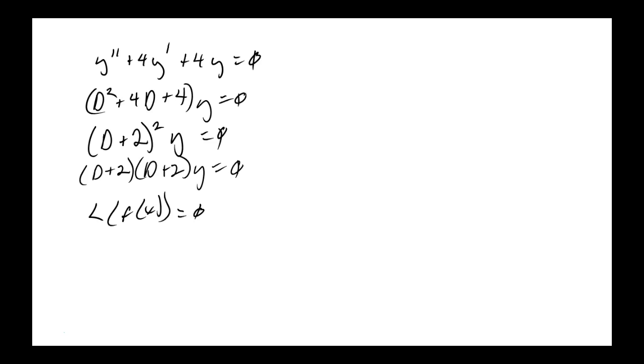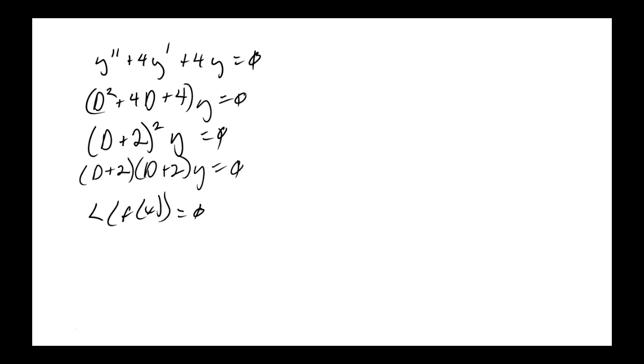Okay? For example, a constant function y is equal to k is annihilated by D, since D of k is equal to 0. The function y is equal to x is annihilated by the differential operator D squared, since the first and second derivatives of x are first 1 and then 0, respectively.